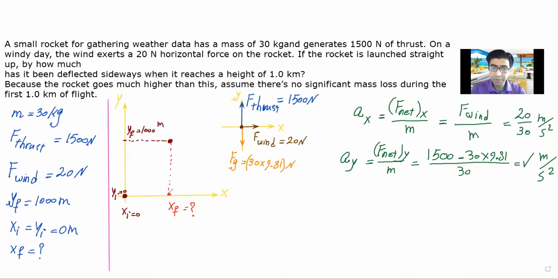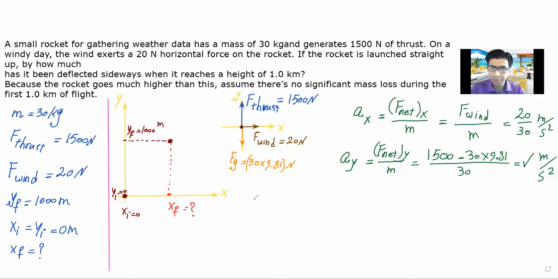Then we have acceleration in x direction and y direction. Still, what we are looking for is x final. So we need to use also the kinematic formulas for constant acceleration, because as you can see here, acceleration in x direction and y direction are both constant numbers.